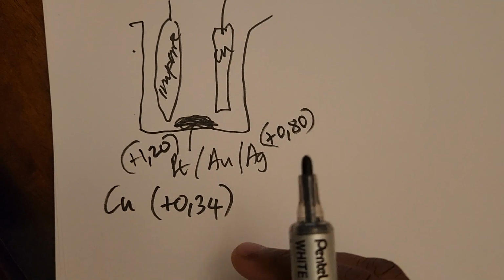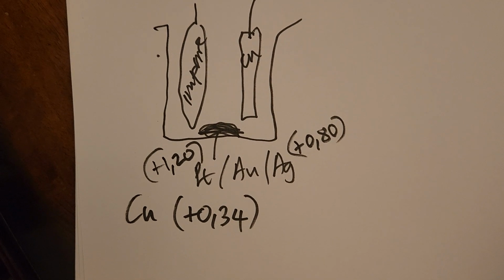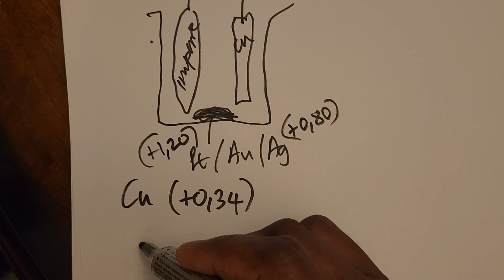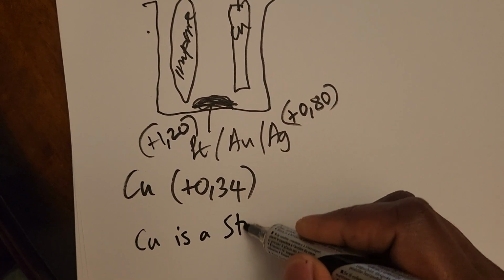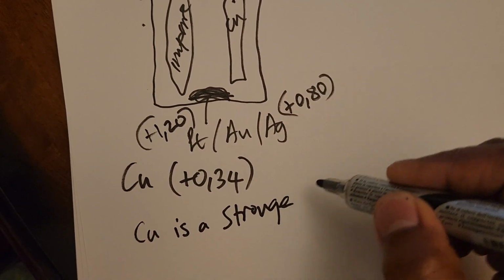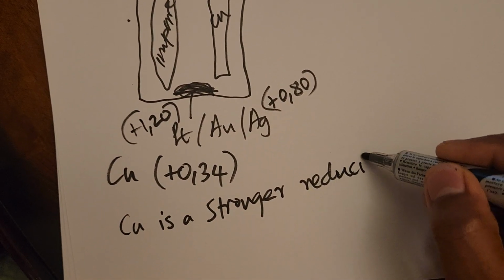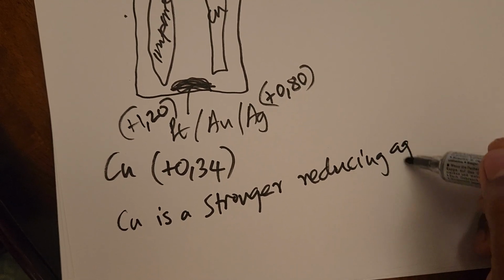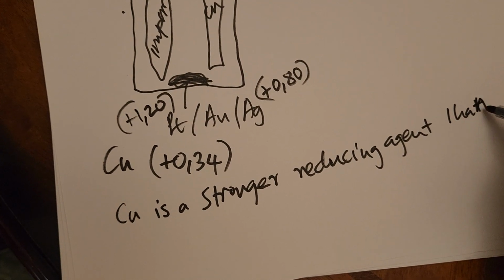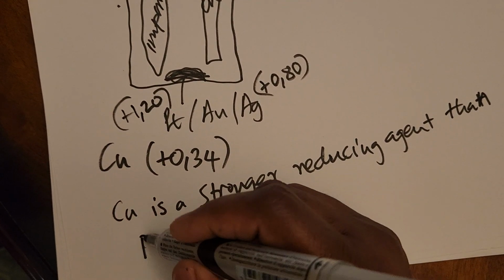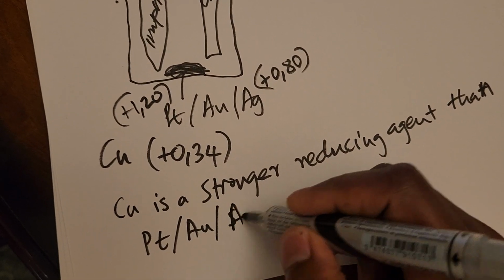Therefore, these metals will not undergo any oxidation, because copper compared to them is a stronger reducing agent than all of them, than platinum, than gold, than silver.